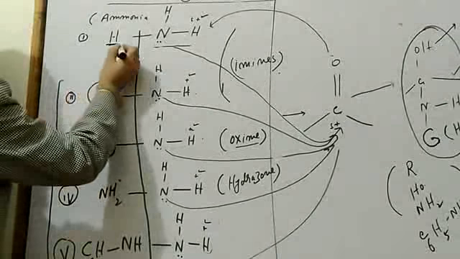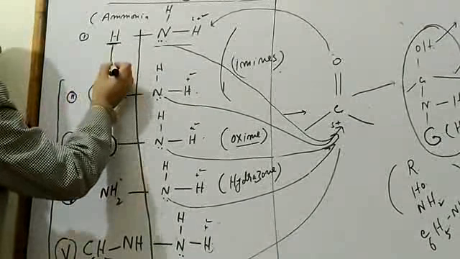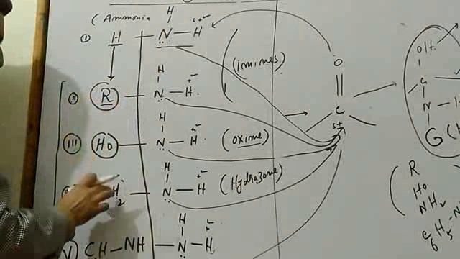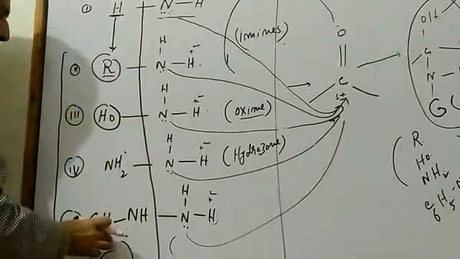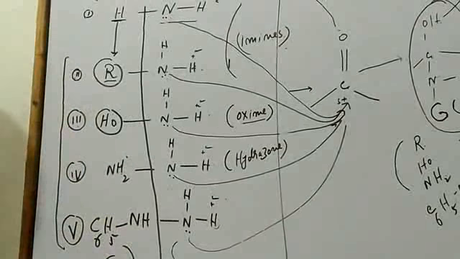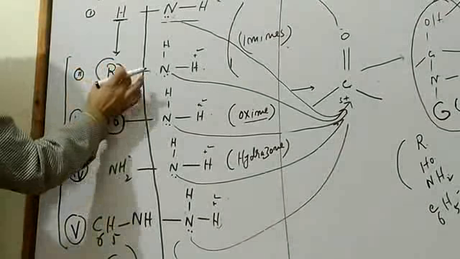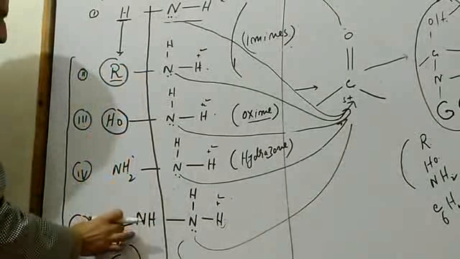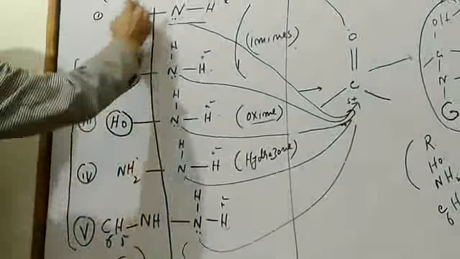Ammonia derivatives are those in which hydrogen has been replaced by alkyl group, by OH group, by NH2 group, or by phenyl group. This is alkyl amines, this is hydroxylamine, this is hydrazine, and this is phenyl hydrazine.